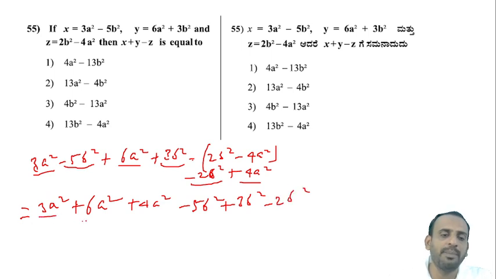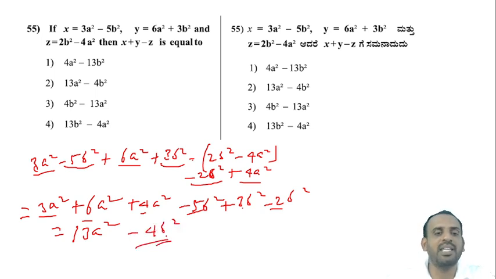So this will become 3 plus 6, 9, 9 plus 4, 13a square, and this will be minus 5 plus 3, that means minus 2. Minus 2 and again minus 2 means minus 4b square. So my answer is 13a square minus 4b square. That is option 2 is the right answer.